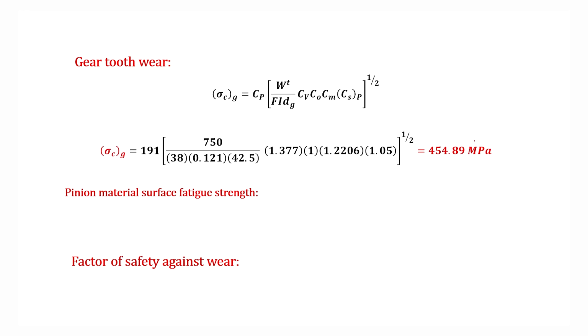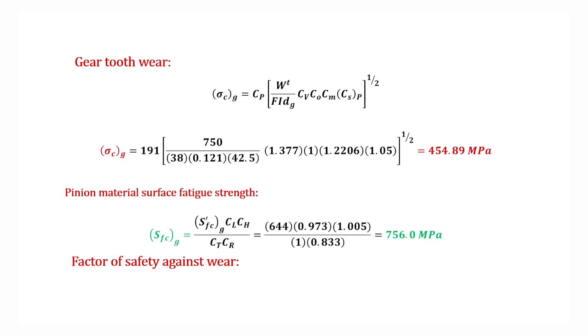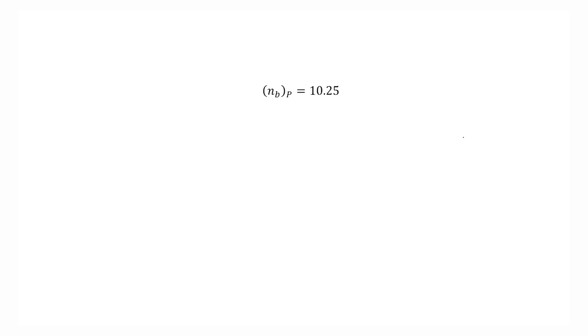Similarly, for the gear, the surface stress and the surface fatigue strength is obtained, and the factor of safety of the gear against contact stress is this divided by this. Finally, we have factor of safety of the pinion against bending 10.25, factor of safety of the gear against bending 11.7, the factor of safety of the pinion against contact stress, and the factor of safety of the gear against contact stress.